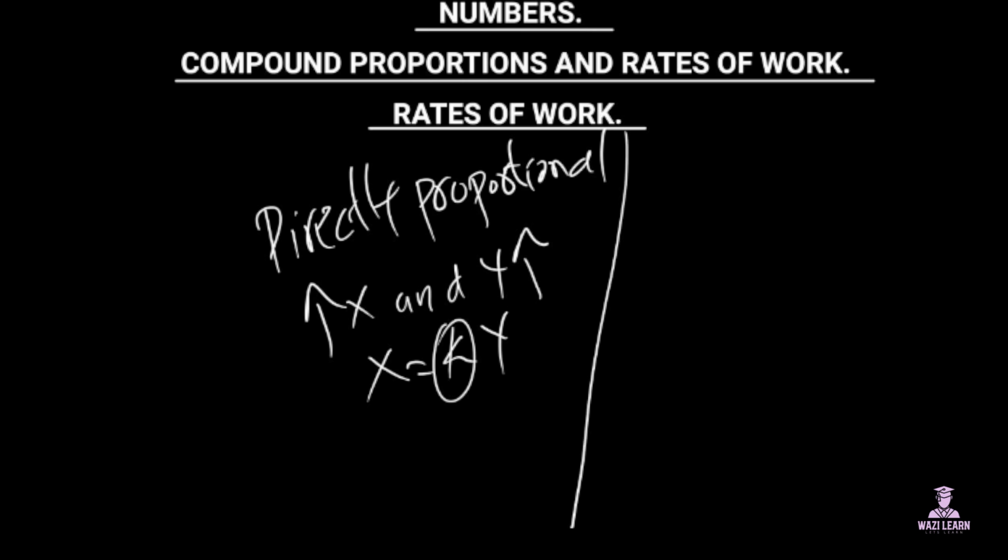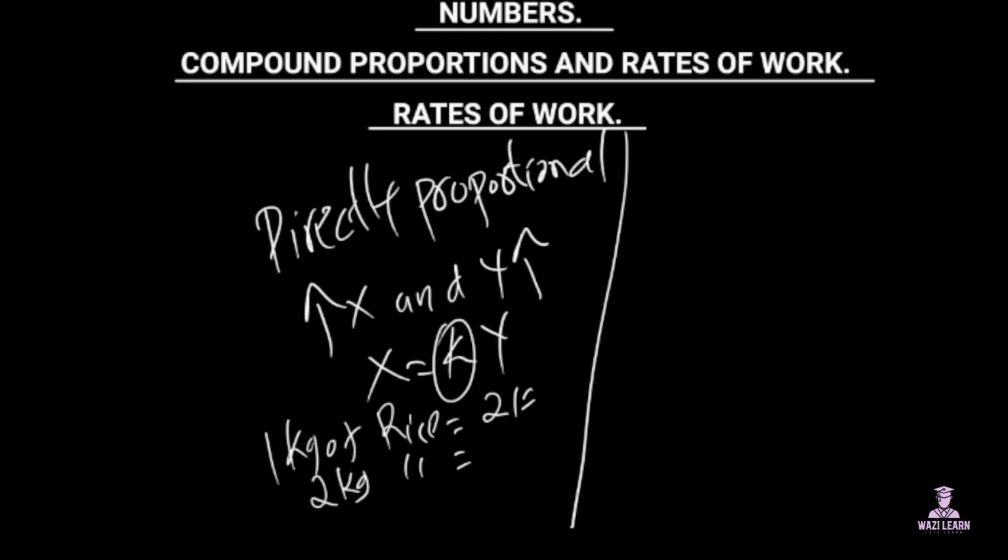So let's say 1 kg of rice is equal to 2 shillings. So 2 kg of the same rice, other factors remaining constant, will be 4 shillings. As the weight increases, the price of the rice increases, meaning these two variables are directly proportional.